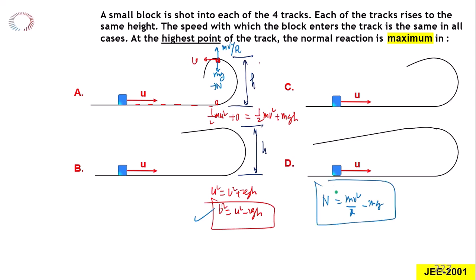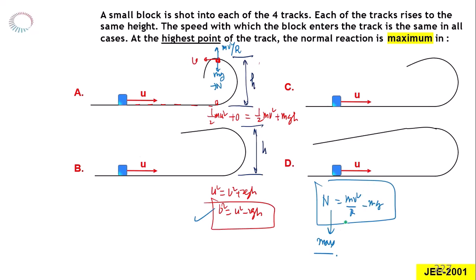So N will be maximum where this r will be minimum, because v is the same for each and every situation. If the first term mv square by r is maximum, then only N will be maximum, because the subtraction of mg is constant.